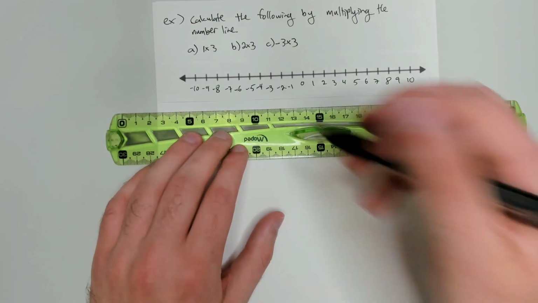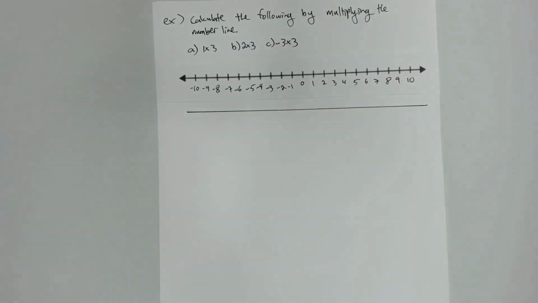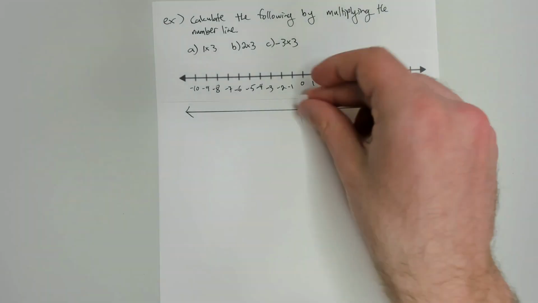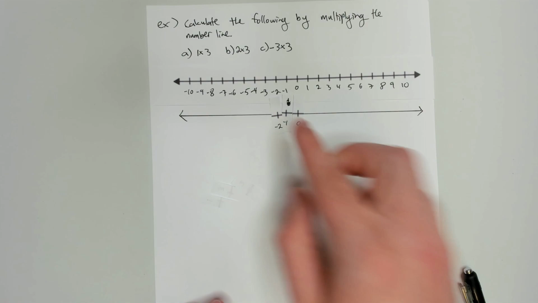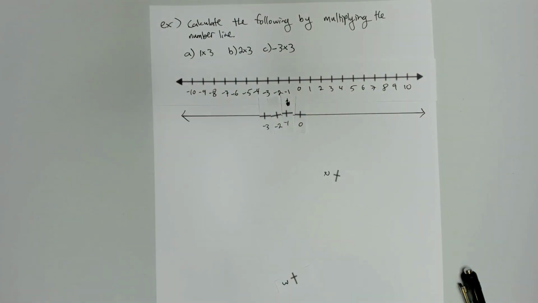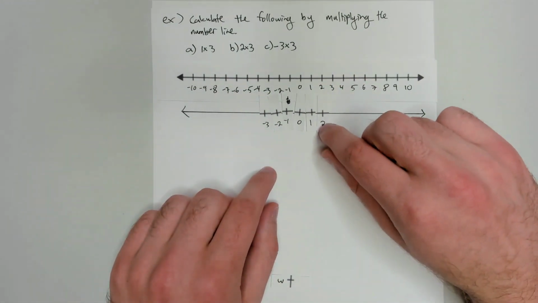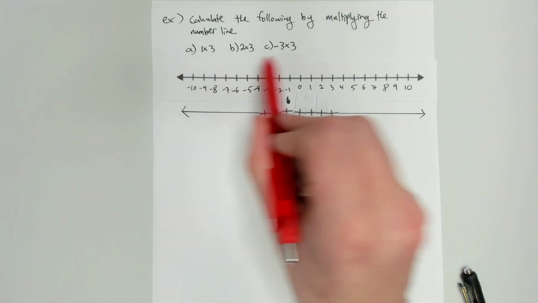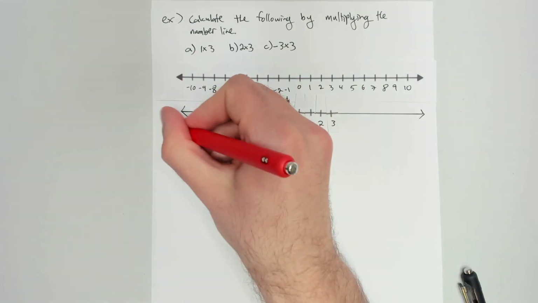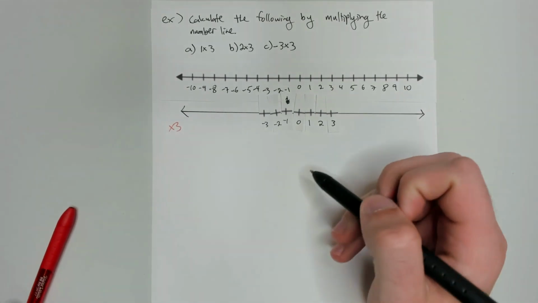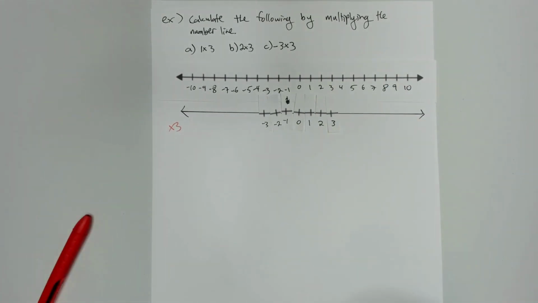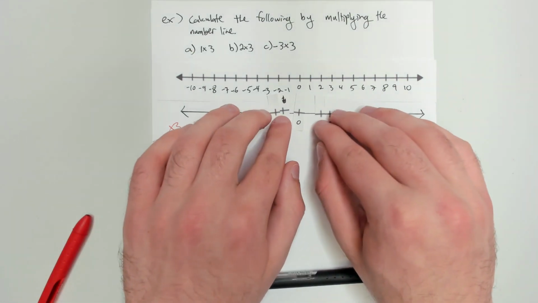So let's get a number line going, and let's draw a line here using my ruler from antiquity. All of these are being multiplied by 3, so we're going to want to multiply the number line by 3. And what that means is we're taking these distances that we had before and stretching them out to be 3 times bigger.